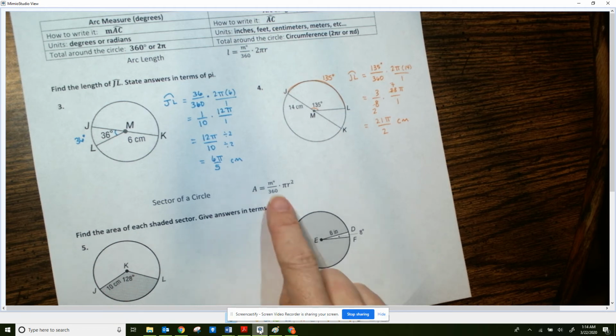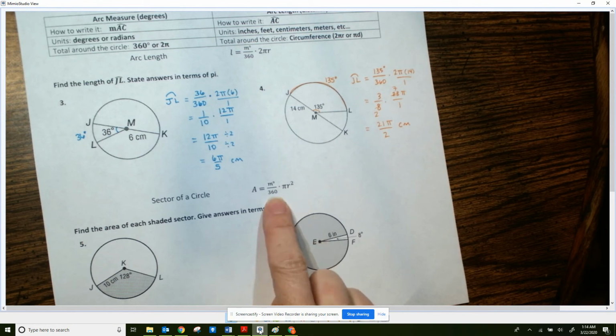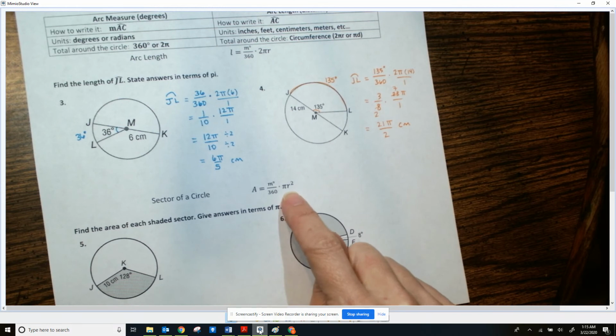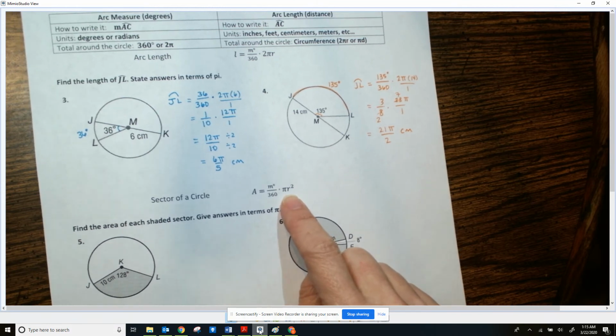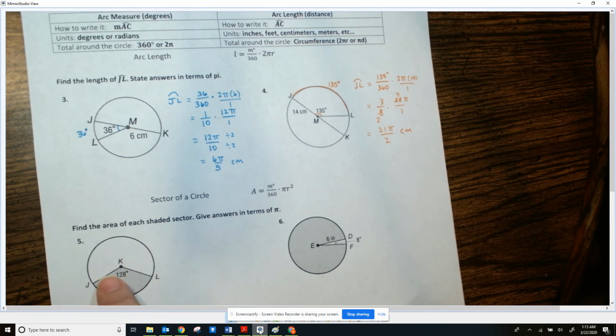So this is a piece of the area. So notice the measure of the arc times the area of that circle gives me just that portion of the circle that I want. So it says find the area of the shaded sector. So it's just this piece here.